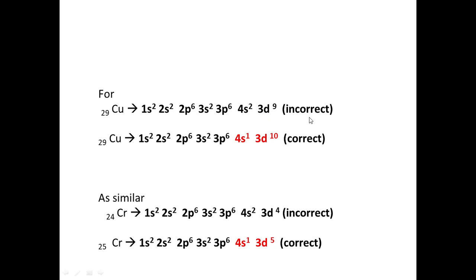And as we know, if an orbital requires only one electron to complete either its half-filled or fully filled configuration, we have to transfer one electron from a nearby orbital. The nearby orbital is 4s. So we transfer one electron from 4s to 3d. So the correct configuration can be written as 1s2, 2s2, 2p6, 3s2, 3p6, 4s1 and 3d10.